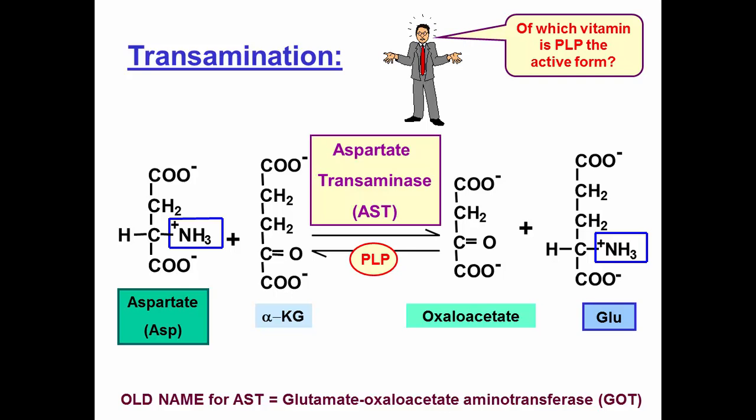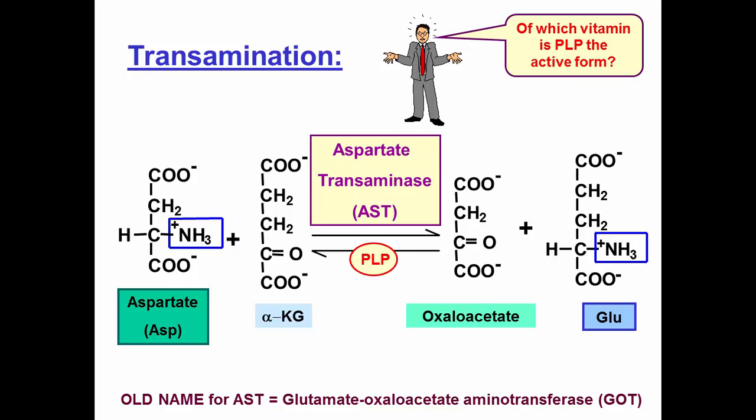I am showing you now one of the two most common transamination reactions you're going to see. This one is the AST reaction, and that involves aspartate. AST stands for aspartate transaminase.